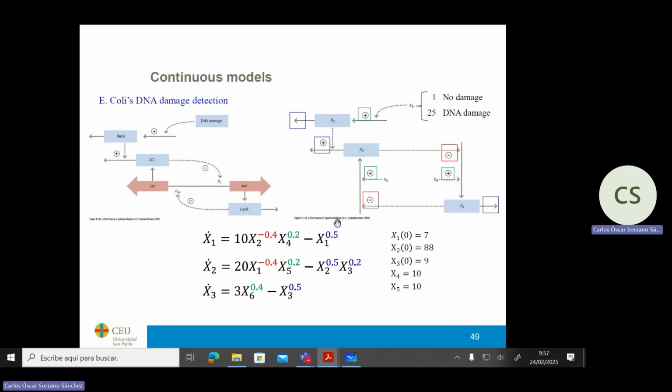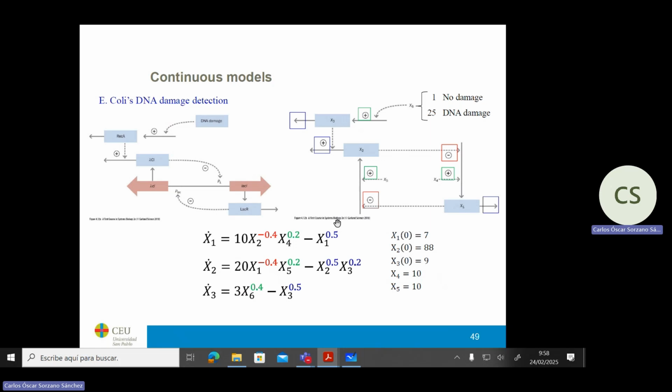Okay, and the trick here is how do we estimate the powers? How do we estimate these coefficients, 0.4, 0.2, 0.5, the 10? All that has to be done based on measurements. You take data on X1, X2, and X3, see how they evolve over time, and then you try to see which coefficients are compatible with those measurements.